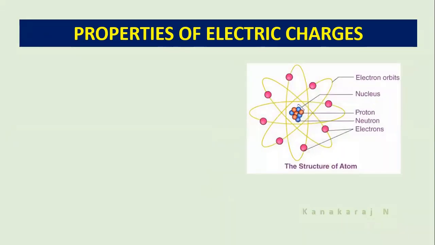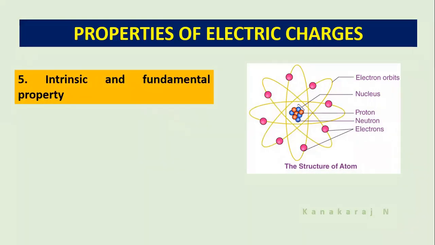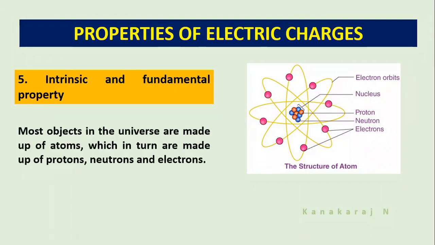Then here you have an atom, and it has an electron that is negatively charged, a proton that has a positive charge, and a neutron that is electrically neutral. Charge is an intrinsic and fundamental property of a material particle. Charge is associated with an electric field, and electric field is associated with charge.